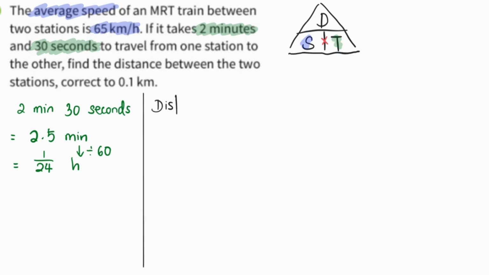So the distance is therefore equals to the average speed, 65, multiplied by my time in hour, and this will be equals to 2.7083333. I'm going to leave my answer to 6 significant figures first.